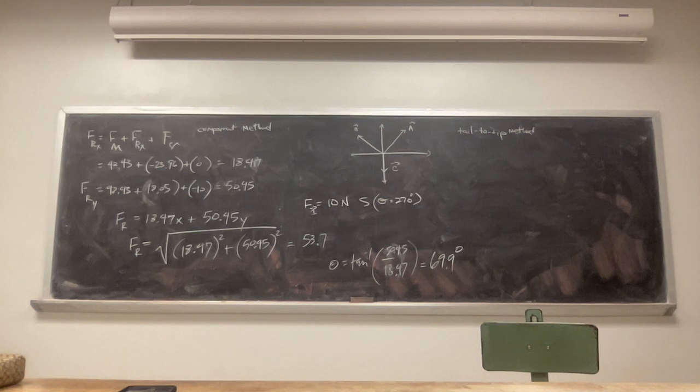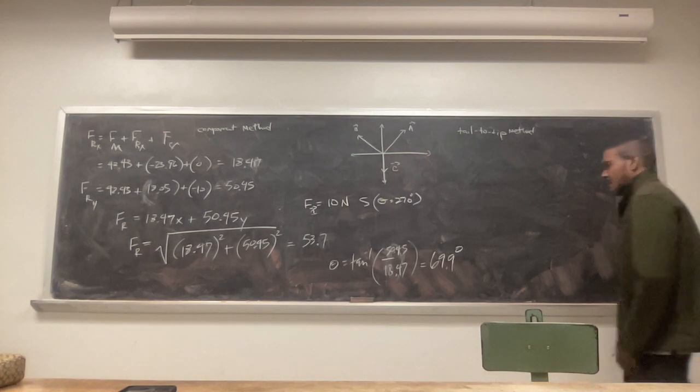The tail to tip method is exactly what it says it is. We take the tail and we put it to the tip of another vector. That's it.